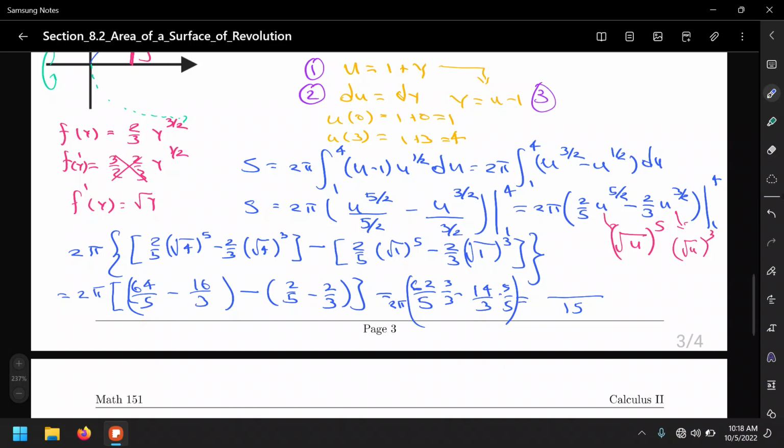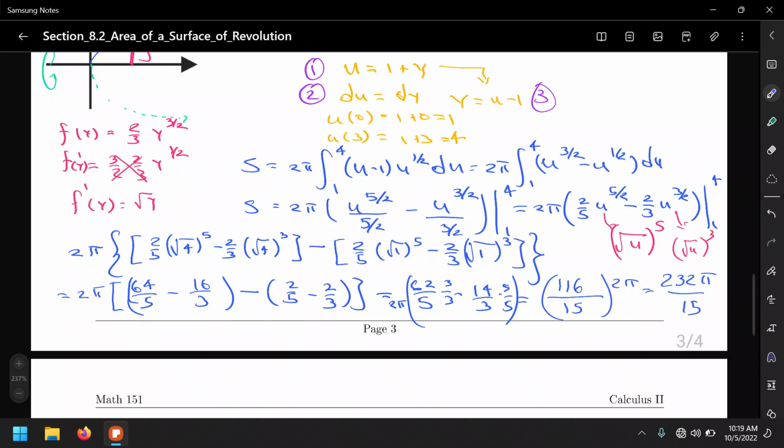All right, 62 times 3 and minus 14 times 5, which is 70. That should be 116. And then that times 2 pi, that's 232 pi over 15. All right.